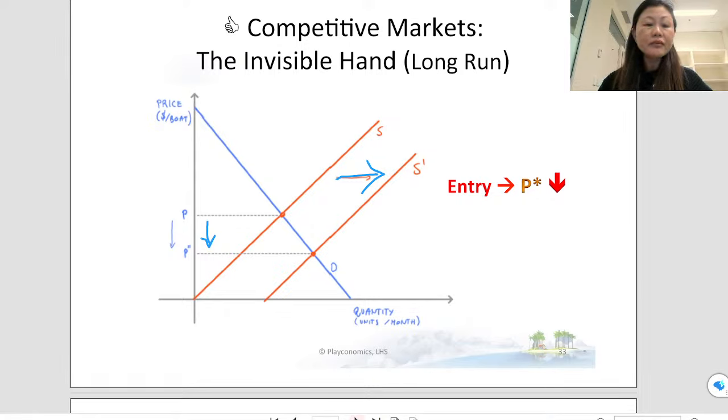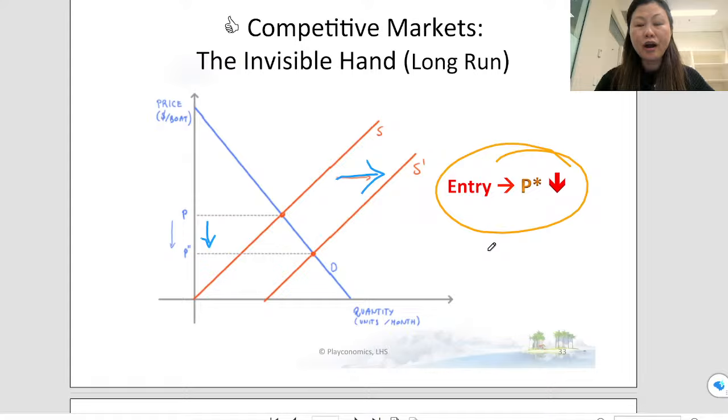But we know that when price decreases, there is then a decrease in profit, and we will end up at a point where the total firm's profit is zero. And at this point, there is no incentive for any more new firms to enter the market.